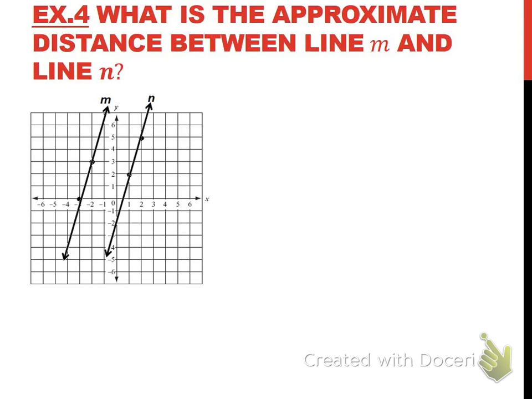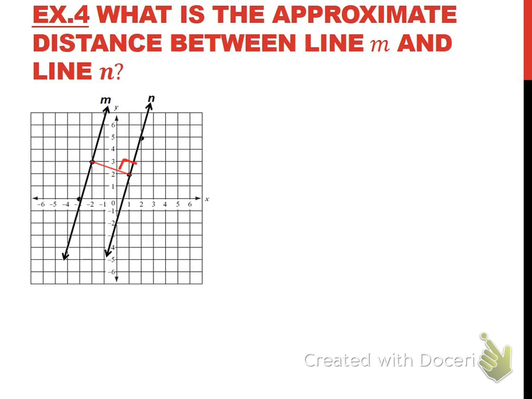So I am going to want to use points that they give me, but I need to make sure that my segment that I'm forming is a perpendicular segment. So in this case, I think I should be connecting these points that are kind of in the middle here. Do we see that? That seems to form a right angle. Are we all okay with why I'm using those two points? Okay.